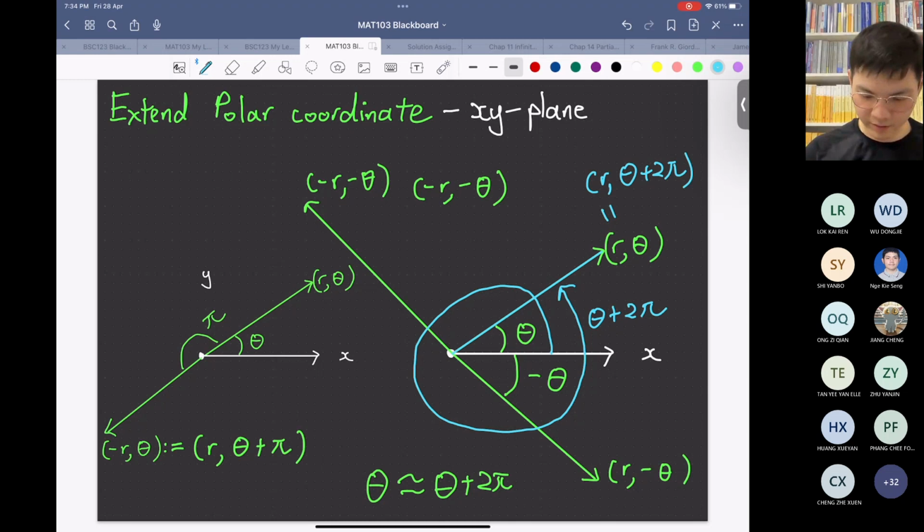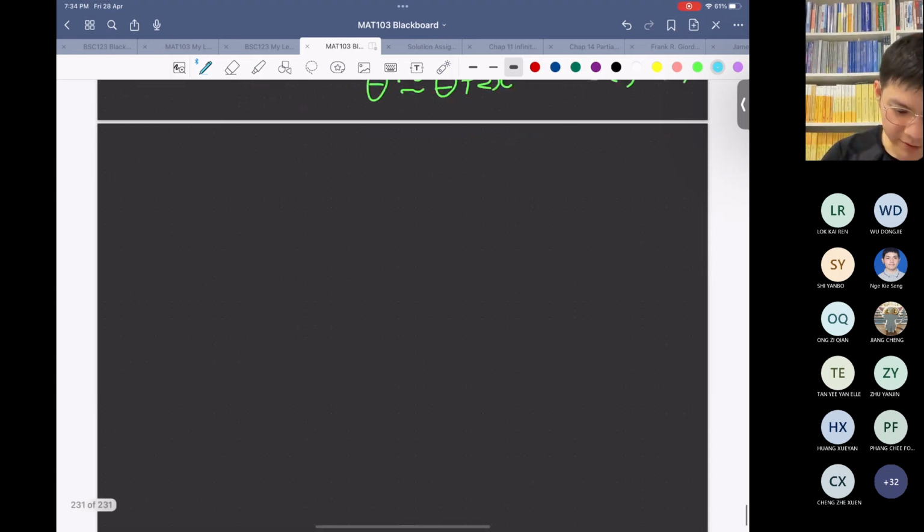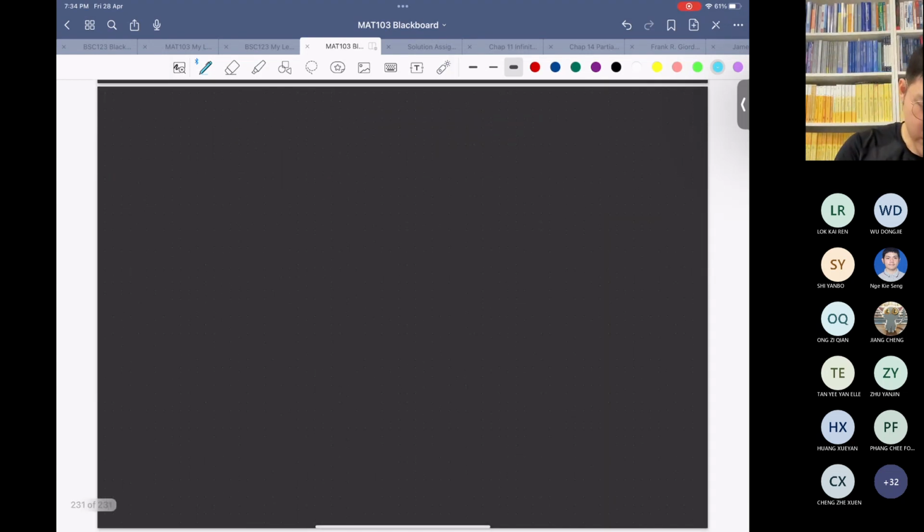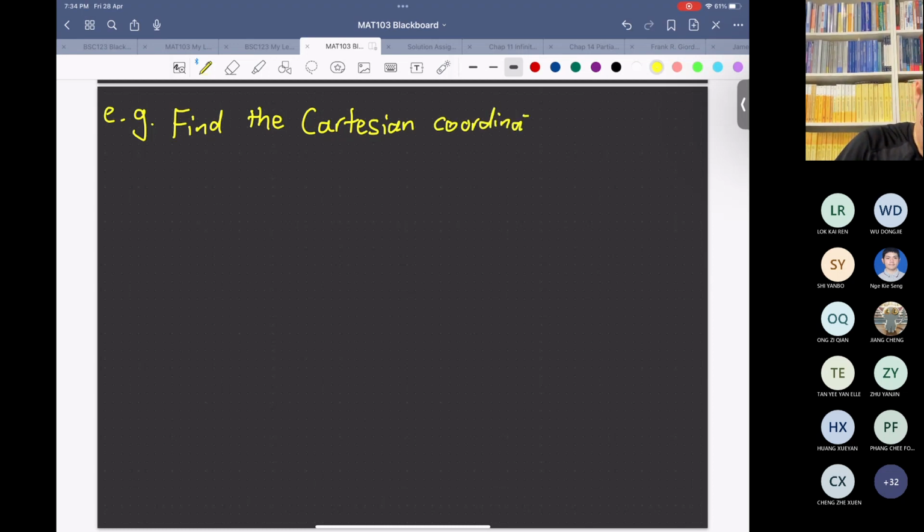Okay, so for now maybe we can do up to here. Let's try an example. Try and find the Cartesian coordinates for 4, pi over 6.